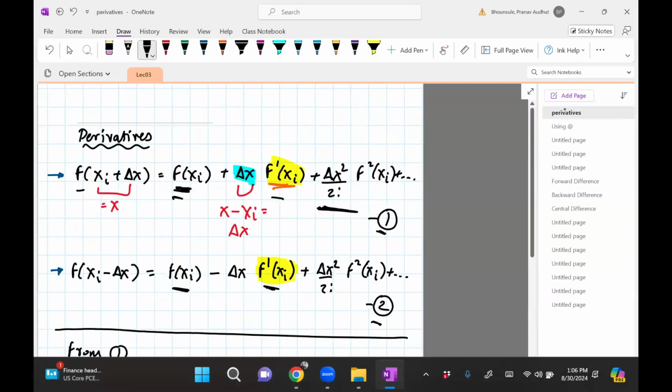The first term goes away. The second term actually gives you 2 delta x f prime of x, and the third term cancels off.